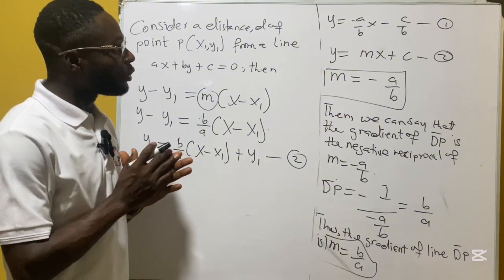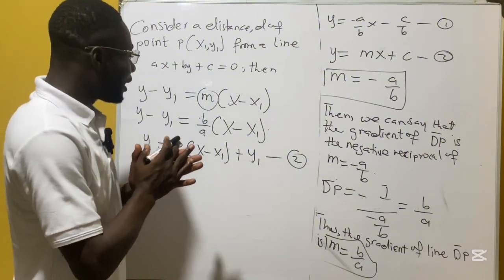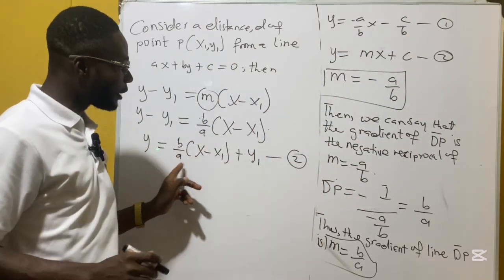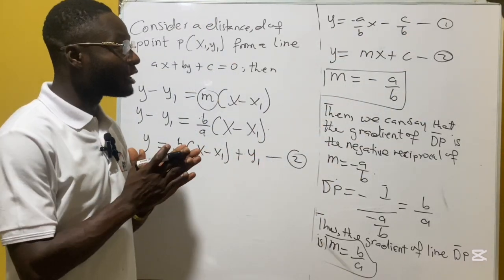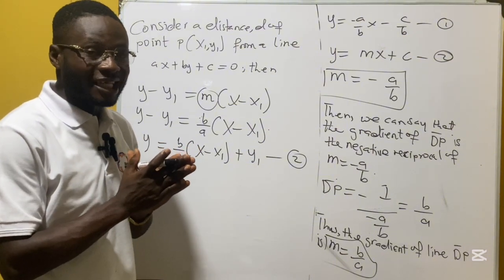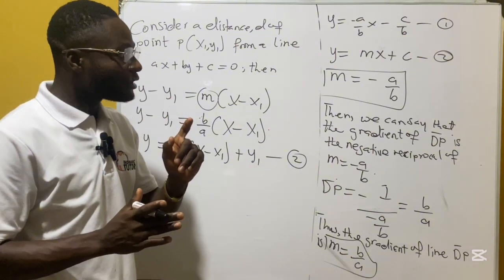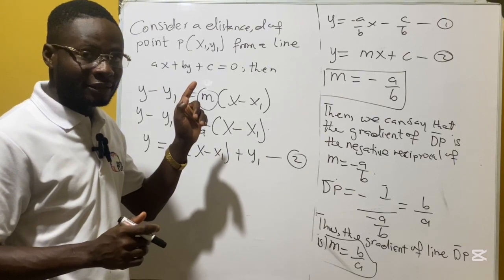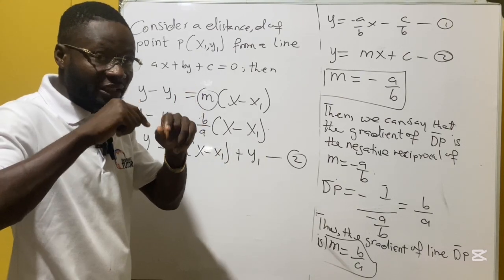Okay, so basically, you know that this is y equals this, and this is also y equals that, right? So we can equate both equations and find one coordinate of the point D, the coordinate of D, right?